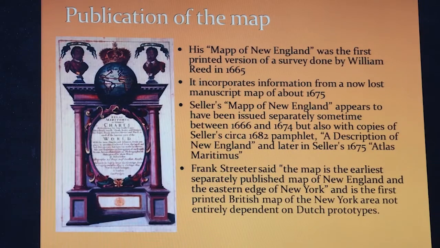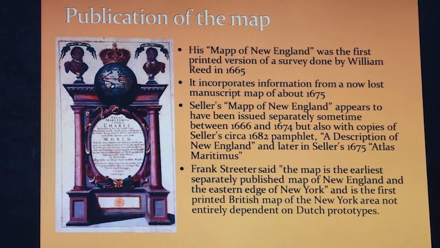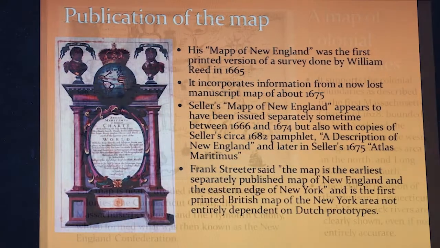Frank Streeter said the map is the earliest separately published map of New England and the eastern edge of New York, and is the first printed map of the New York area, not entirely dependent on Dutch prototypes.